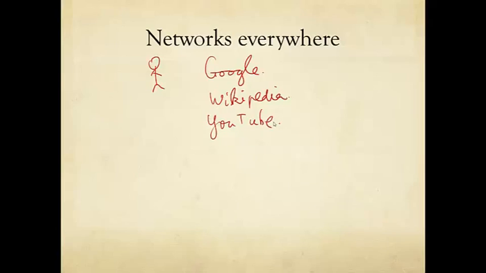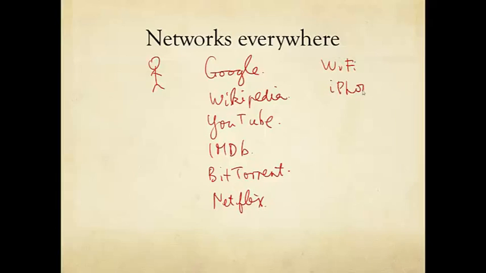Now you check out some of the reviews on IMDb and decide to watch one of the movies. Now, you may want to do that on platforms like BitTorrent, or maybe you want to stream it on Netflix. But for some reason, the Wi-Fi logo on your iPhone disappeared, and now you're on the 3G mobile data network.